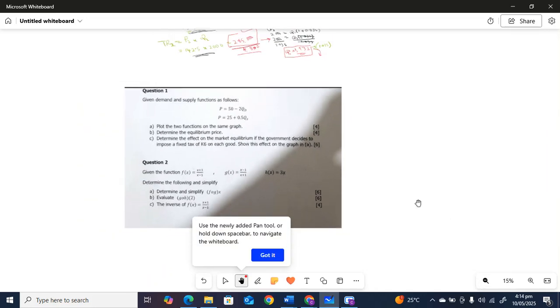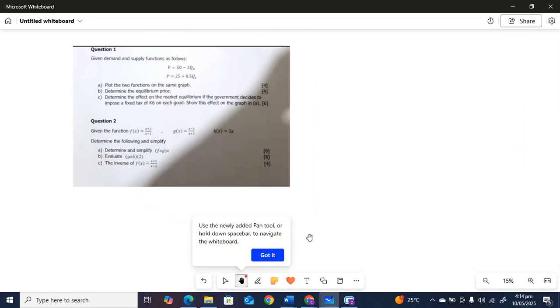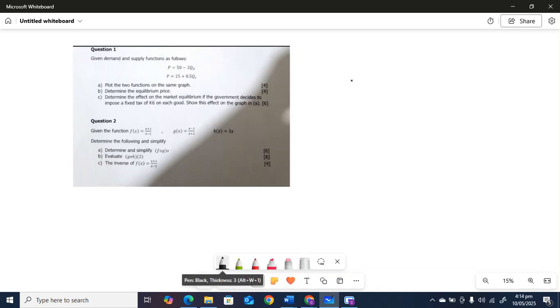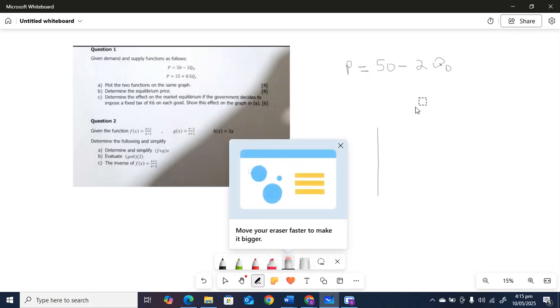We start with the demand curve, which is P equals 50 minus 2QD. Let me just make space for the graph here.